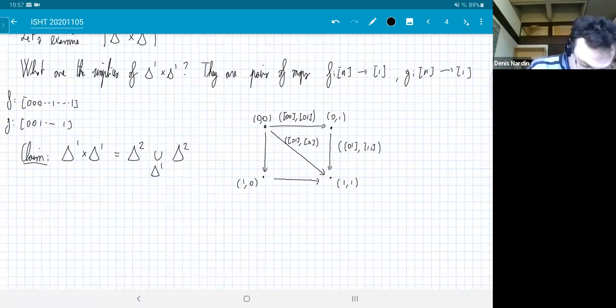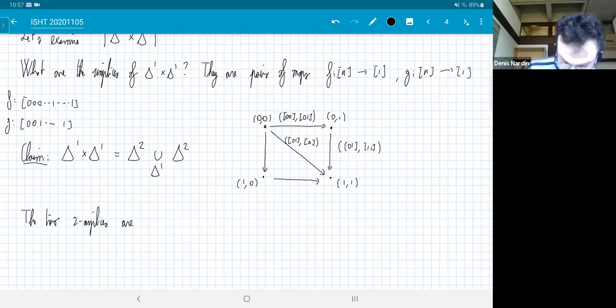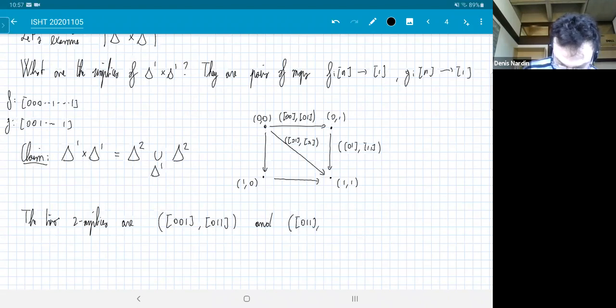And the two 2-simplices are 0, 0, 1, comma 0, 1, 1, and 0, 1, 1, comma 0, 0, 1.